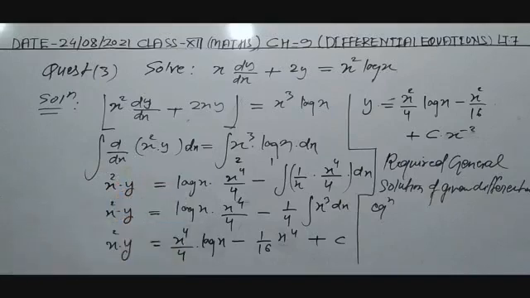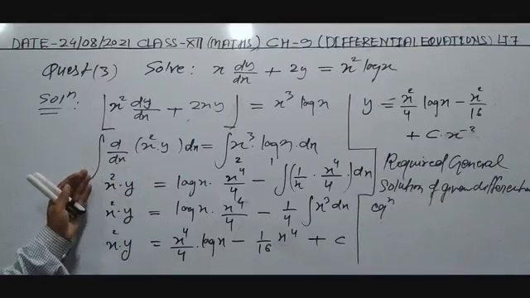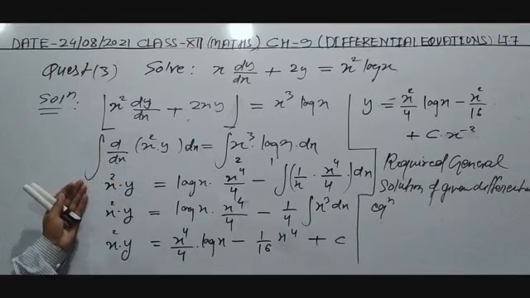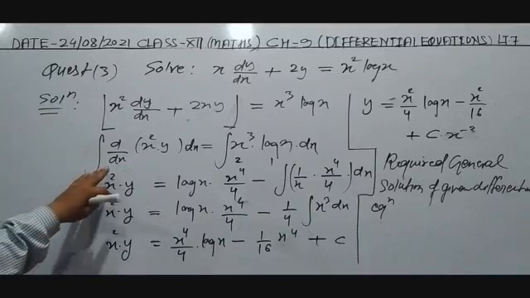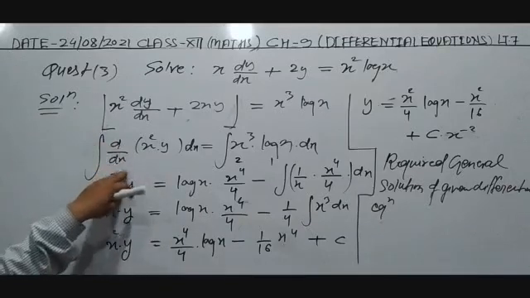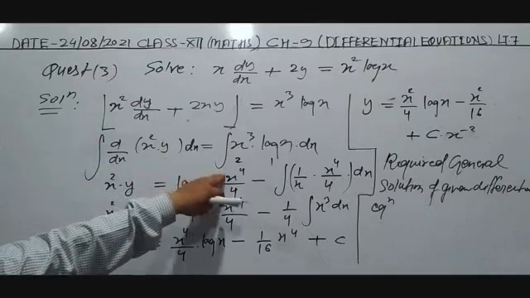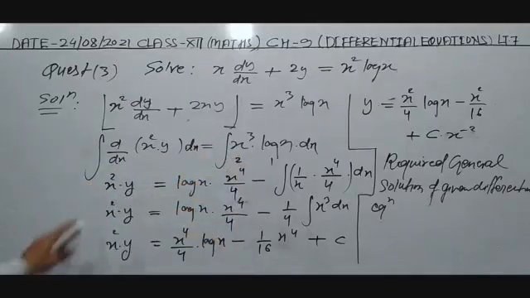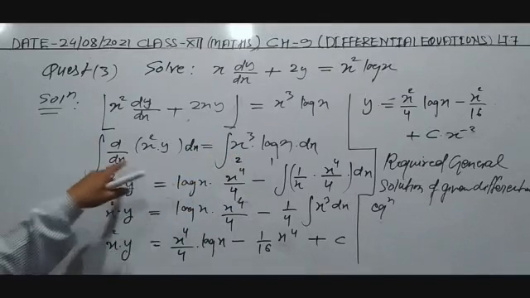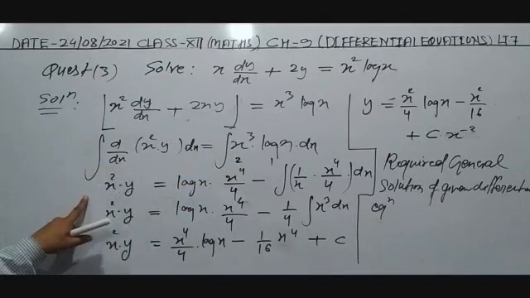Clear? Now when you operate the integration sign with dx on both sides, you get the integration of d by dx of x square y with dx on the left, and on the right hand side the integration of x cube log of x dx.